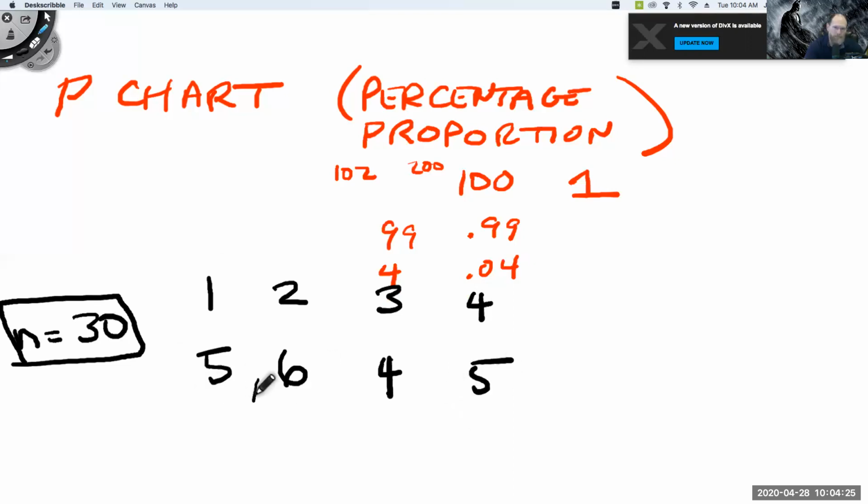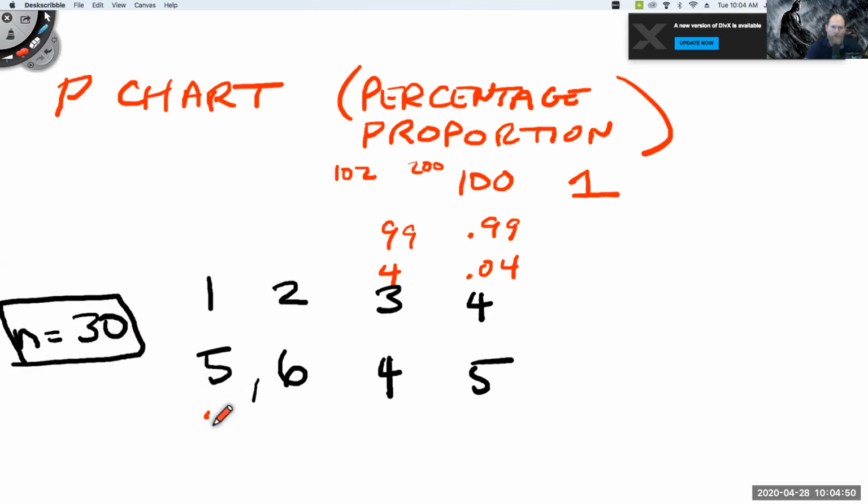So this kind of looks like what we did before, but here's the key difference. Because we have an N of 30, we are going to take the proportion or the percentage. So instead of just taking an average out here, we're not going to do that. We've got to divide by that 30.